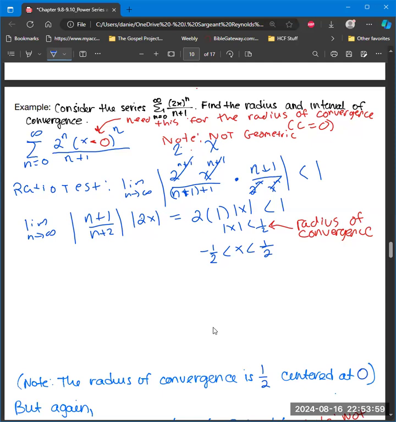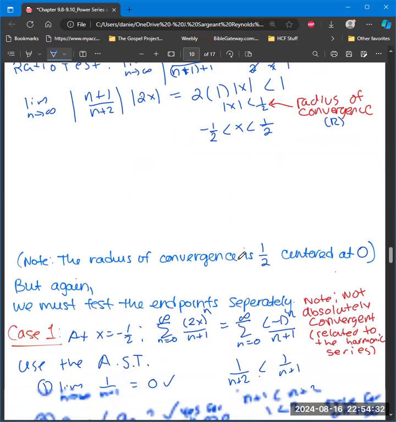When I solve for the absolute value of x minus c, where c was 0, this is my radius of convergence, capital R. Then I change that into an interval of convergence by taking the positive value on the right and the negative value on the left and solving for x. If there was some subtraction in here, x minus a or x minus c, there's not, so there's my interval of convergence, but I need to test the endpoints.